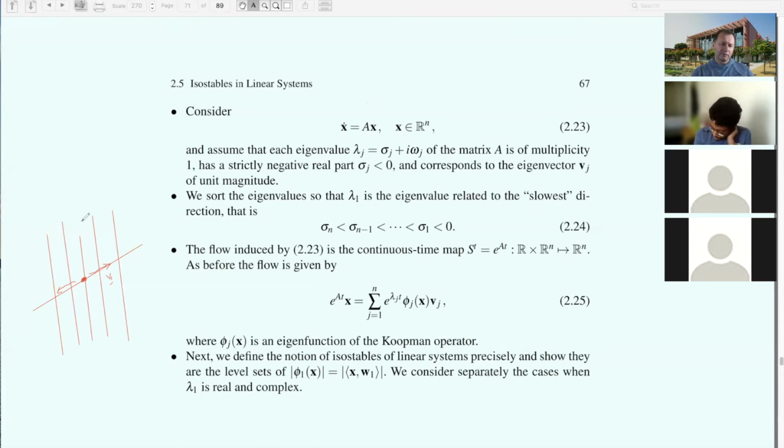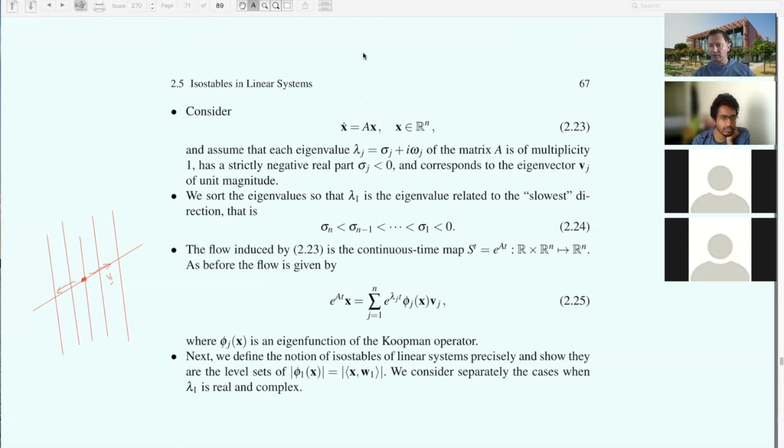And so we really want to get a picture in which getting from one of these lines to another takes a certain amount of time, tau, and that time is going to be positive. So this is really a convenience, in some sense, that we are considering the level sets of the absolute value and not the level sets of the eigenfunction itself.